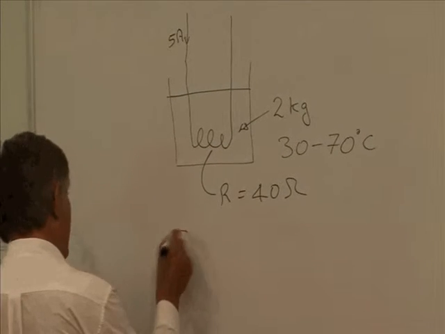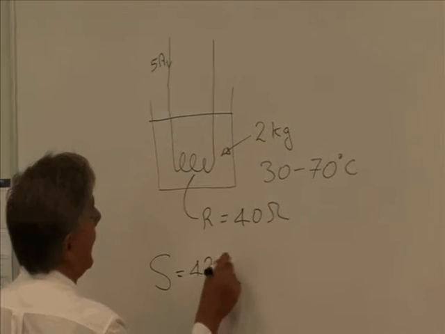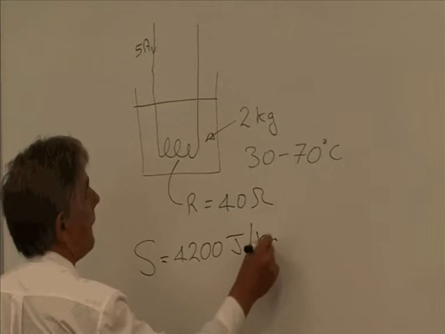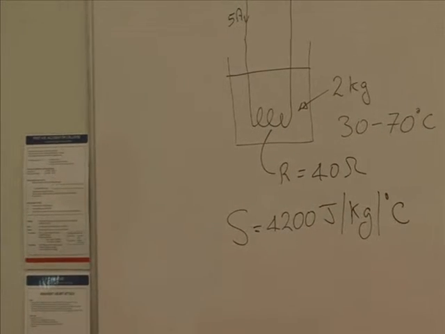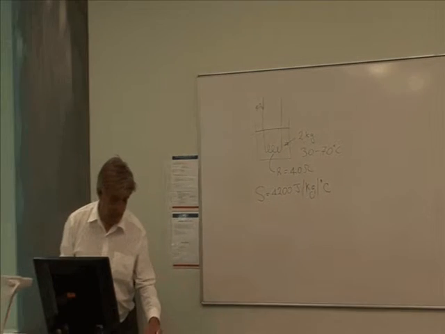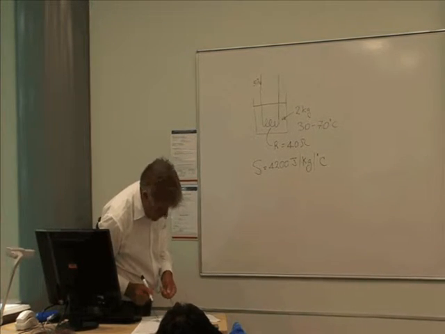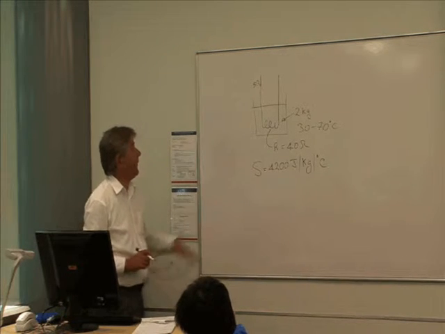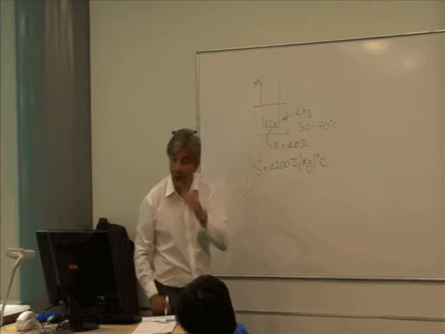And I also give you that the specific heat capacity of water is 4,200 joules per kilogram per degree centigrade. And we're wanting the time needed to heat the water from 30 degrees to 70 degrees, assuming no heat loss.